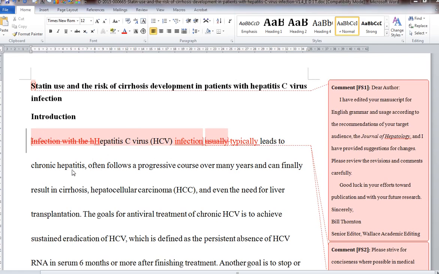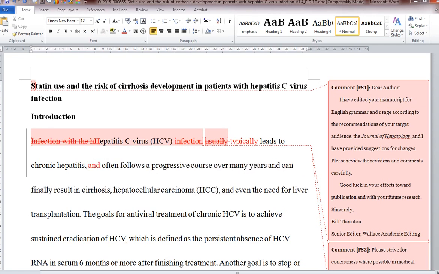Moving forward with this sentence: leads to chronic hepatitis, often follows a progressive course over many years, and can finally result in cirrhosis. I'm going to move back. I think a conjunction here would work. It clarifies it somewhat.